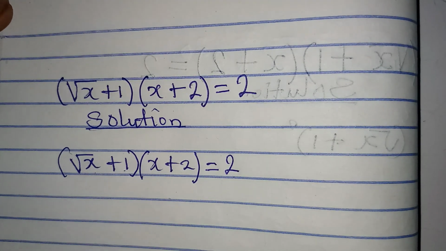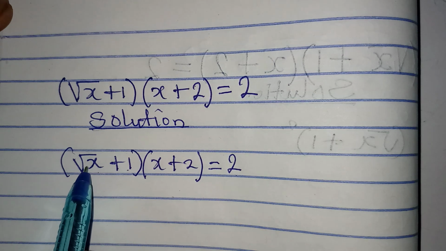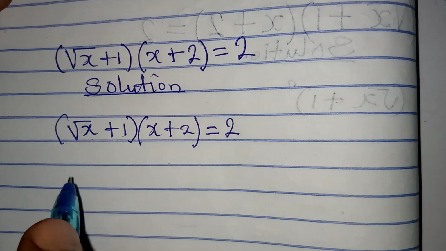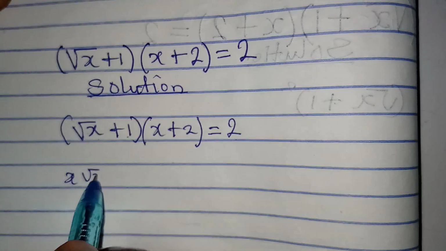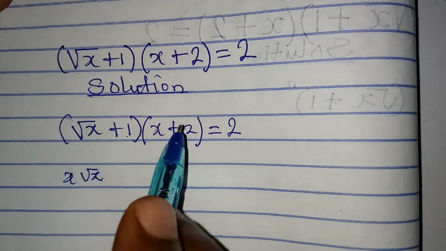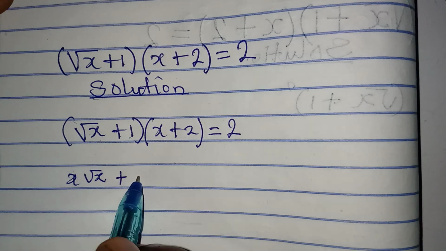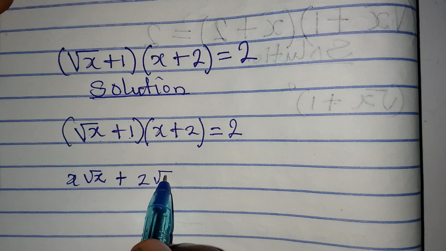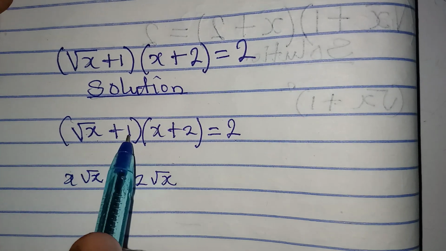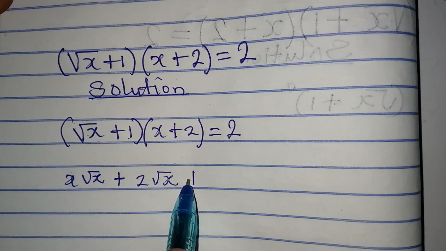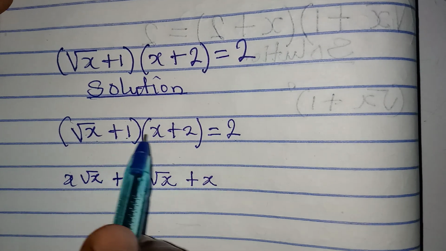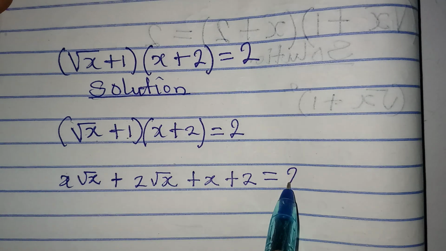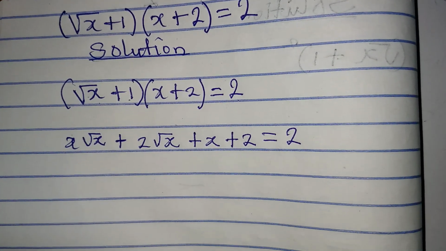You have to open the brackets. So root x times x, I want us to have x root x. Then root x times 2 will have plus 2 root x. Then 1 times x will give x. Then 1 times 2 will give us plus 2, and this is equal to 2, right?